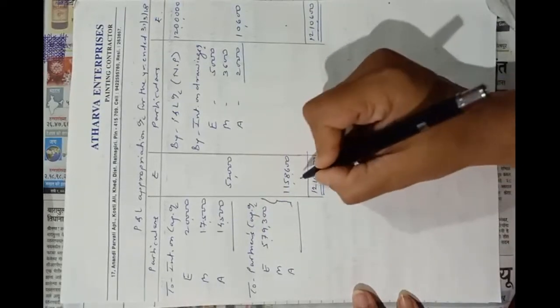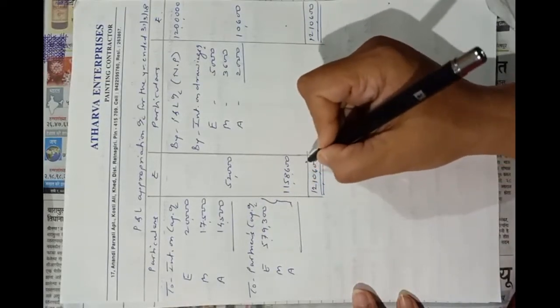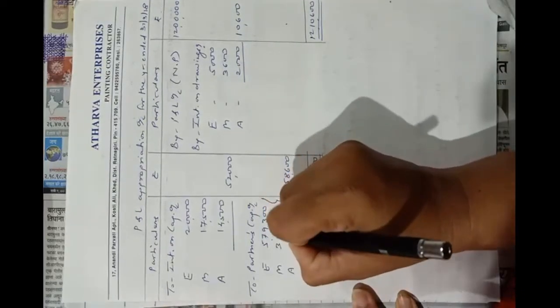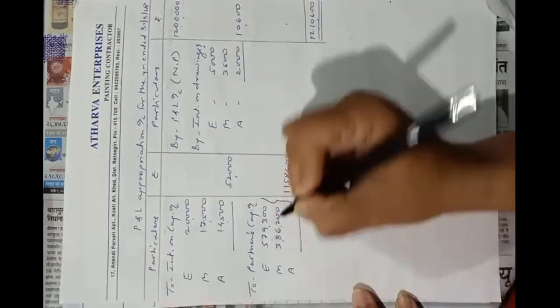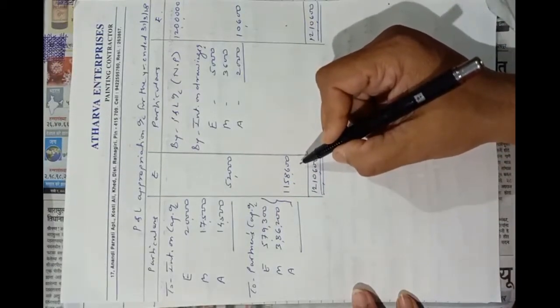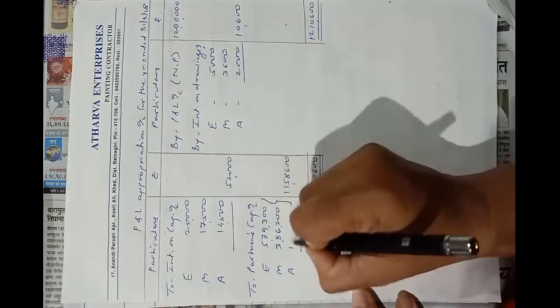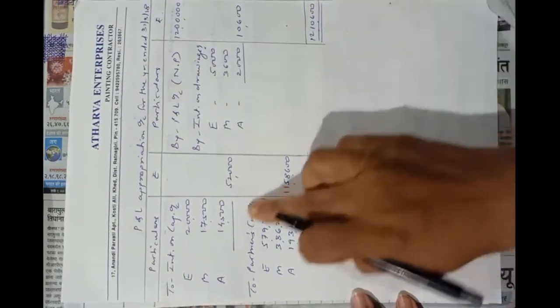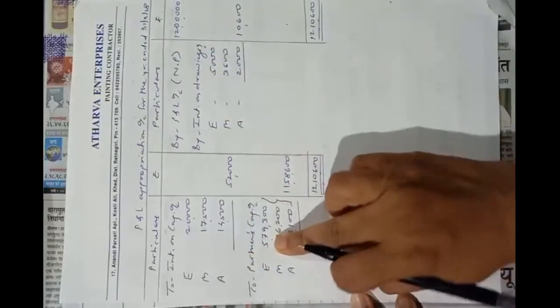For M, 11 lakhs 58,600 into 2/6, it is 3 lakhs 86,200. And 11 lakhs 58,600 into 1/6, it is 1,93,100. Okay, so this is the correct profit distributed between the partners.